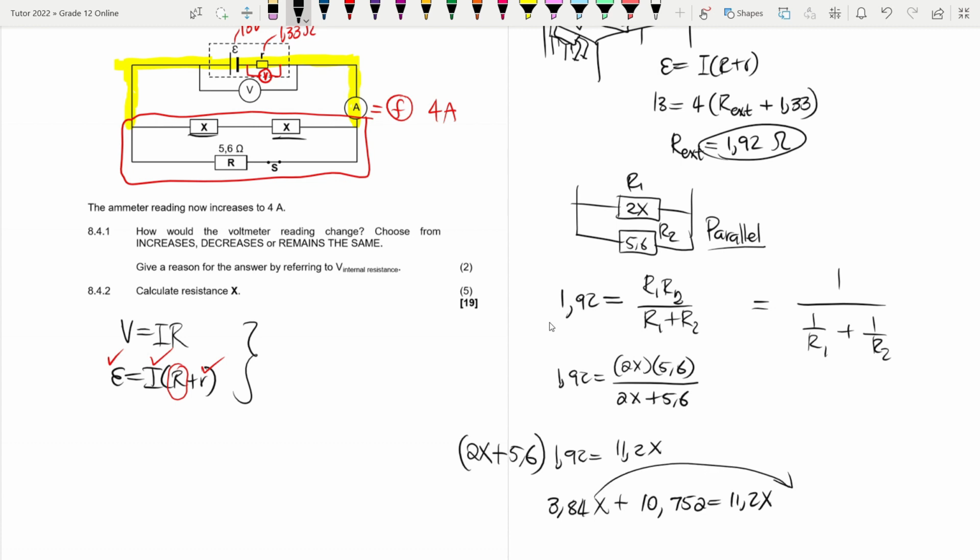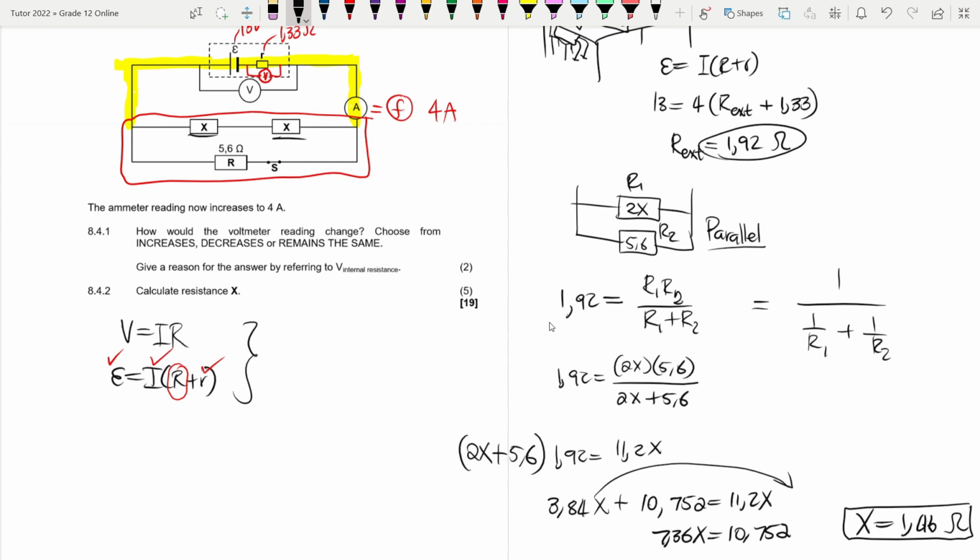Taking this to the other side, I get 11.2 minus 3.84, which is 7.36x, equal to 10.752. If I divide, I get 1.46. The units: it's resistance, so it's ohm.